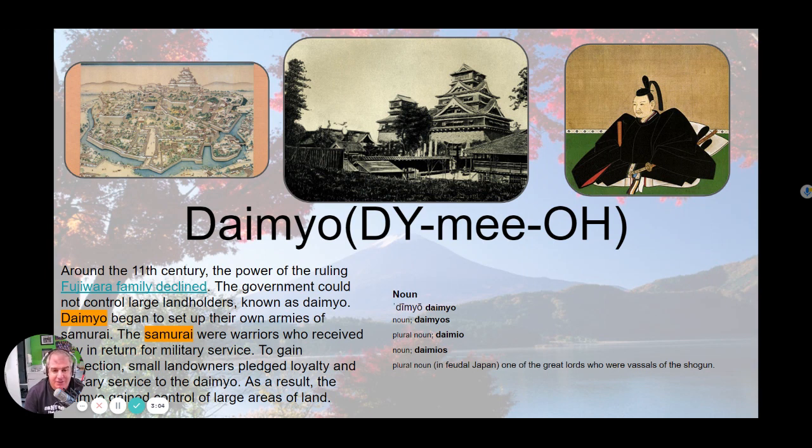Samurai fought for a daimyo in return for land and a place to live. So a daimyo, a large land owner, is kind of like a lord. A lord would have a manor in medieval Europe. A daimyo would own a large piece of land in Japan.